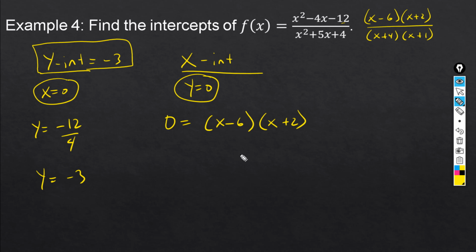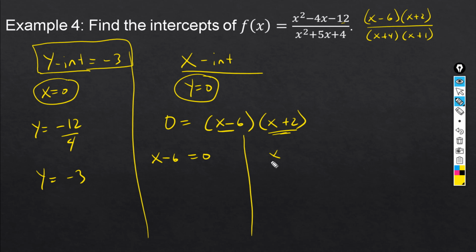Paano i-compute yan? Paghihiwalayin. X minus 6, yung first factor, equated to 0. Then, yung second factor, x plus 2, equated to 0. Then, transpose natin negative 6 sa kabila, so magiging x equals 6. Transpose natin si positive 2 sa kabila, so magiging x equals negative 2.